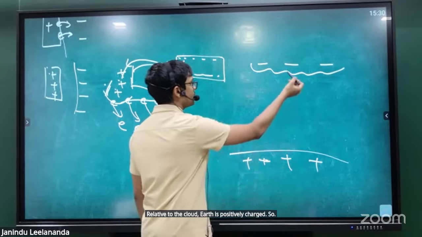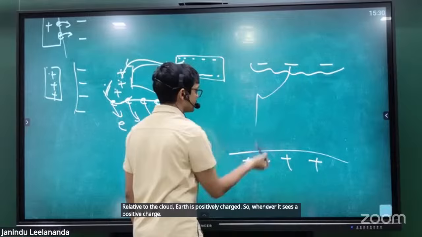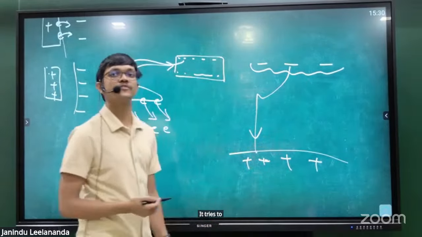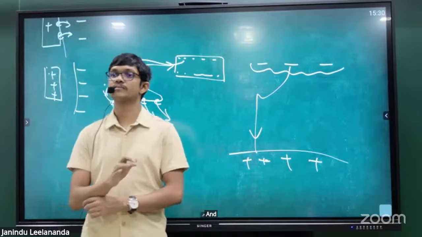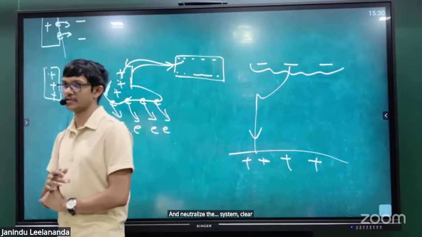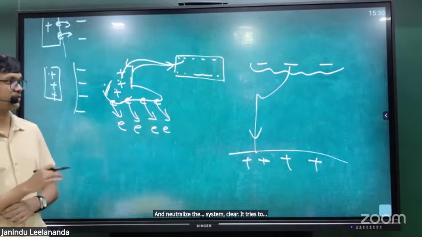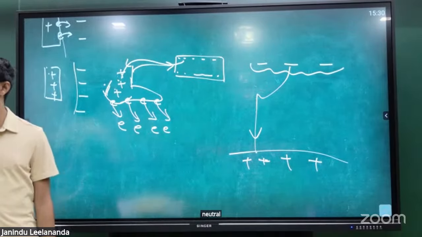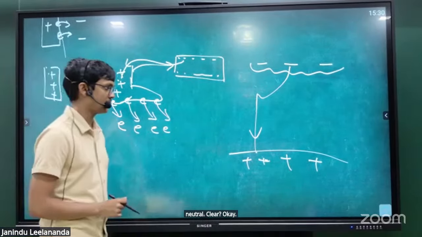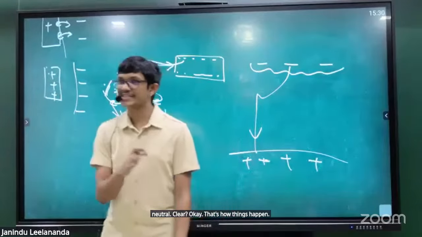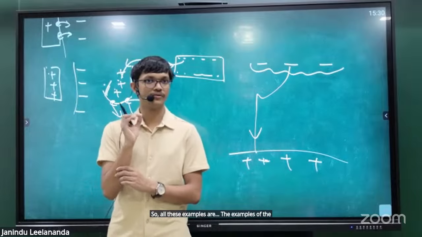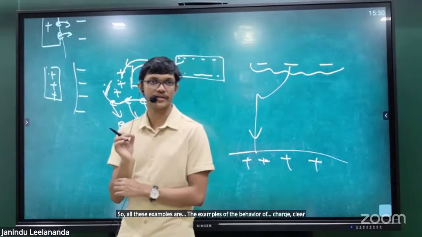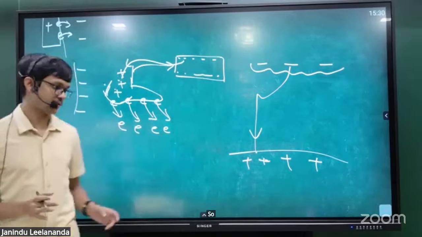So whenever it sees a positive charge, it tries to move electrons from here to here and neutralize the system. It tries to make the system neutral. That's how things happen. So all these examples are examples of the behavior of charge.